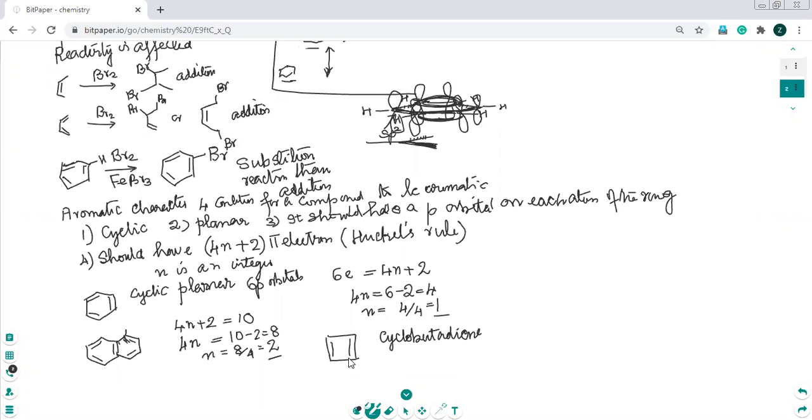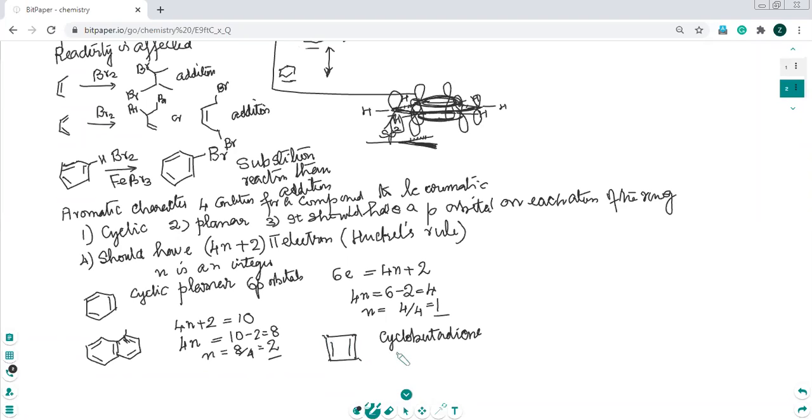Is it aromatic? Let us see. Is it planar? Yes. You have sp2 carbon, sp2 carbon, sp2 carbon, sp2 carbon, so it should be planar. There should not be any doubt about it. Is it cyclic? Yes, it is cyclic. Since it is sp2, there should be an unhybridized p orbital on each of these carbons.